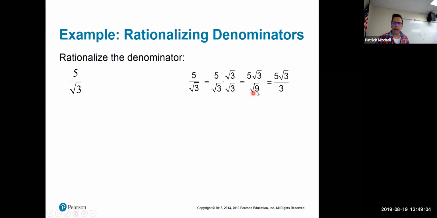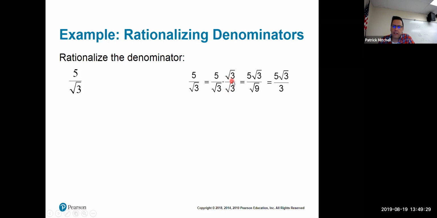3 times 3 is 9. So a very rough rule of thumb is that when you're trying to get rid of a single square root in the bottom, just multiply the top and the bottom by that same square root. All right. I say it's a very rough rule of thumb because you really should simplify that square root first if needed. All right, but in this case, it's fine.